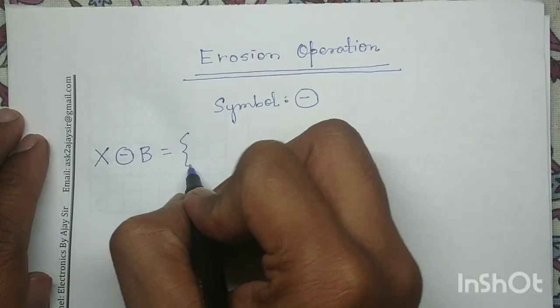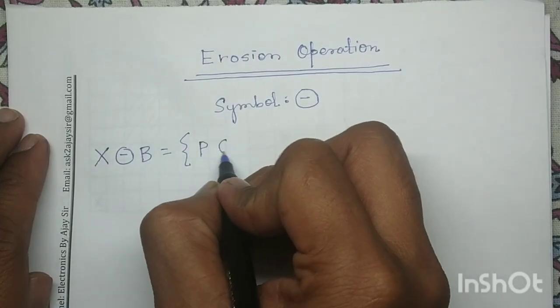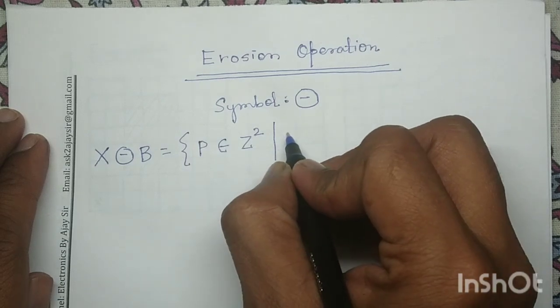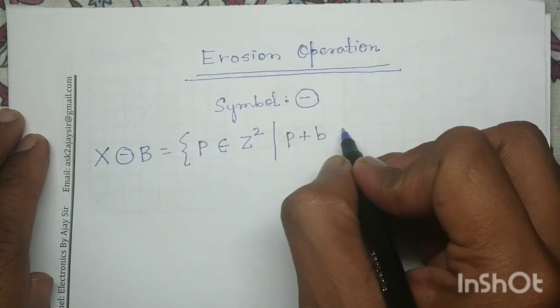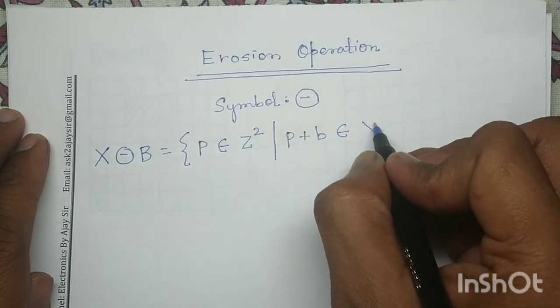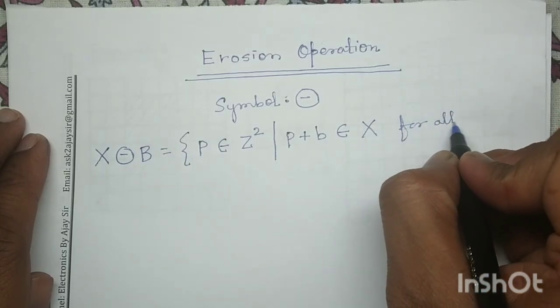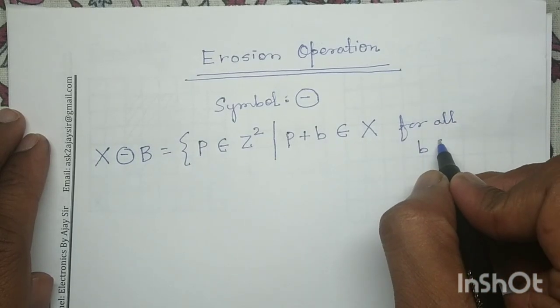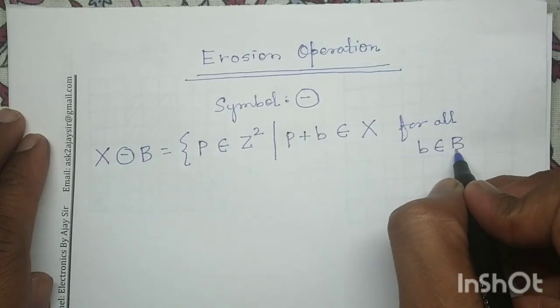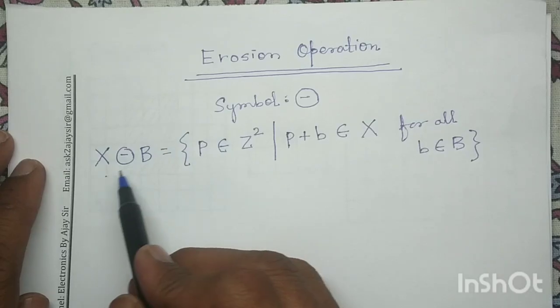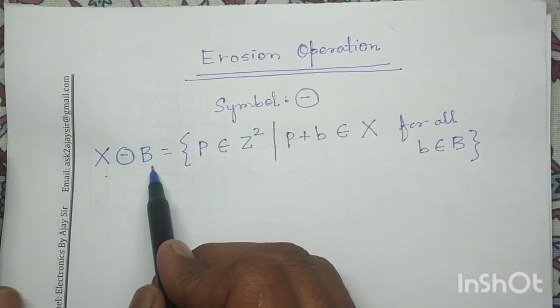It represents all the points P in two-dimensional space such that P plus b belongs to X for all b belonging to the capital B. This X represents my input image. This B is my structuring element.